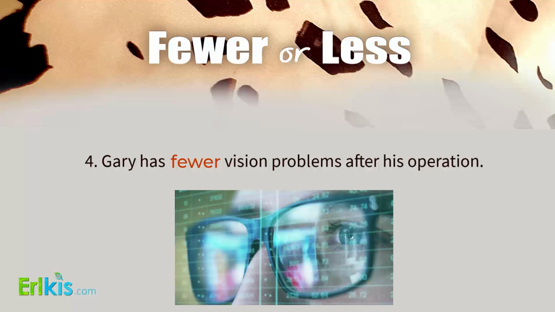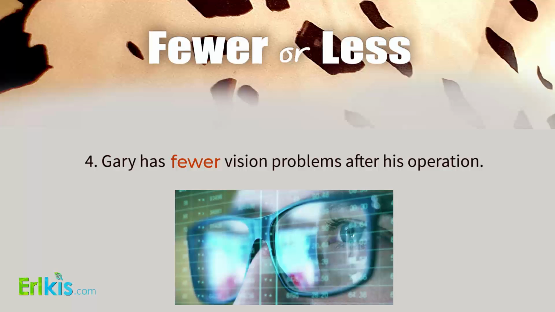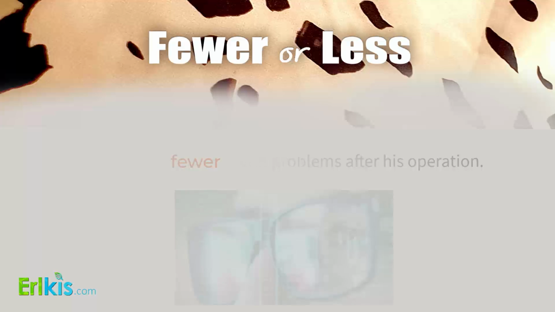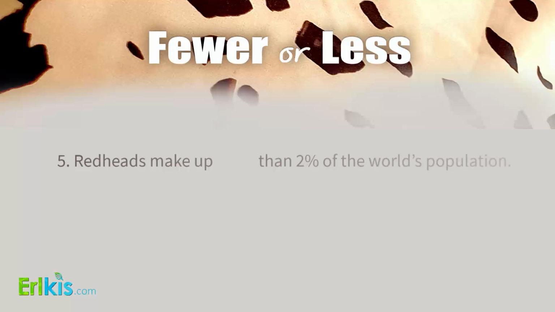Well, vision is uncountable, but in this instance, we're counting the problems, not the vision itself. Vision is the adjective to problems. So what type of problems? Vision problems.